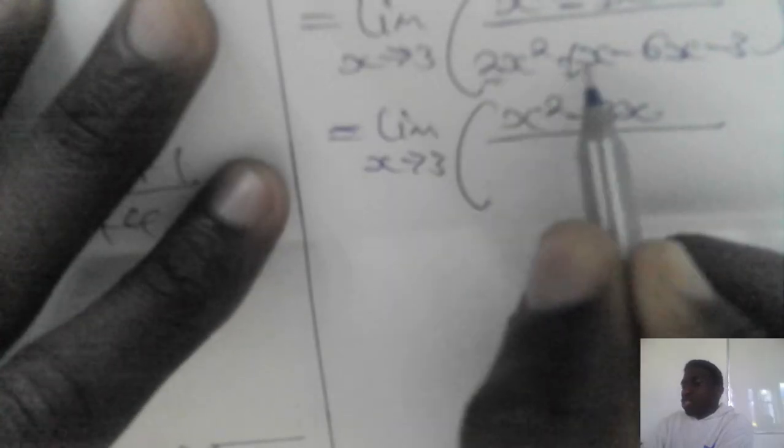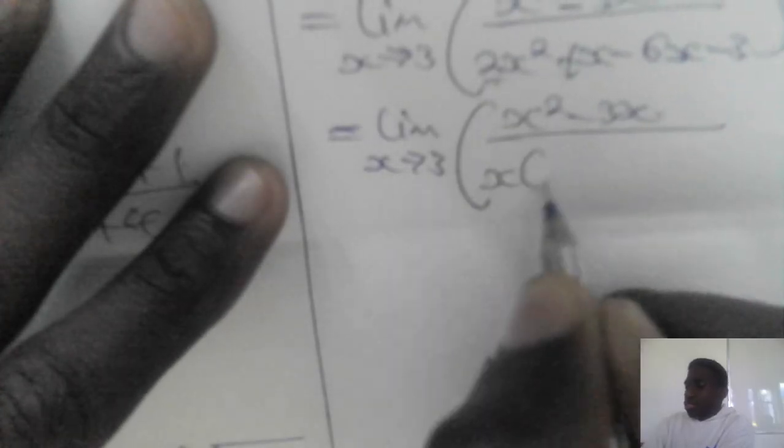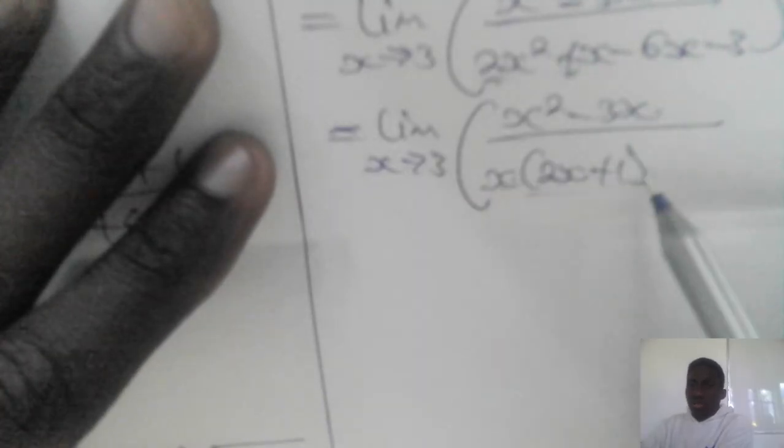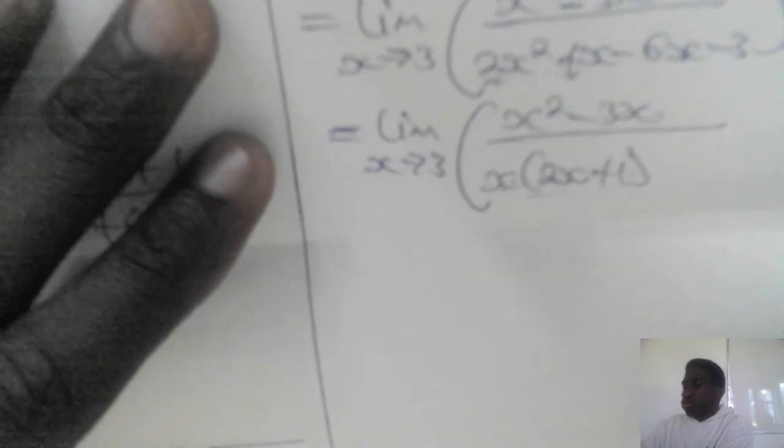So grouping that, just factorizing the first two, we see that what is common between 2x squared and x is x. So x into 2x plus 1. The 2x plus 1 here comes from dividing 2x squared by x, which is 2x, and dividing x by x, which is 1, so plus 1. The same thing goes for minus 6x and minus 3.